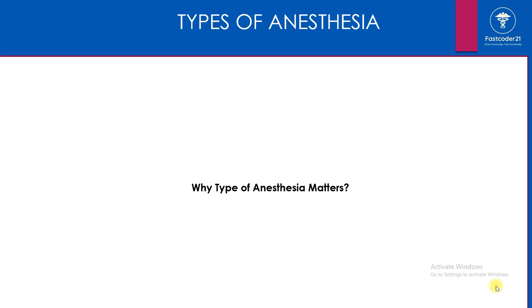Next, we need to understand why the type of anesthesia matters for medical coders. In CPT coding, we have a few codes based on anesthesia. Most of the time, local anesthesia is included in the CPT procedure. But for a few procedures, if you check the code description, anesthesia is also included. Some codes include local anesthesia in their description and some include general anesthesia.